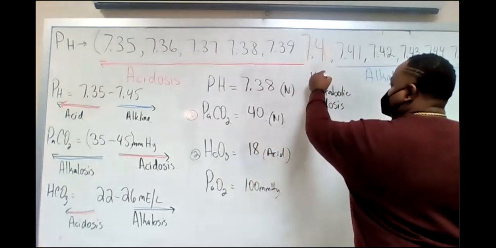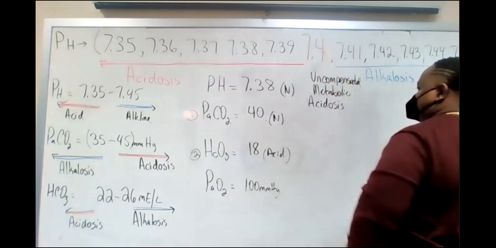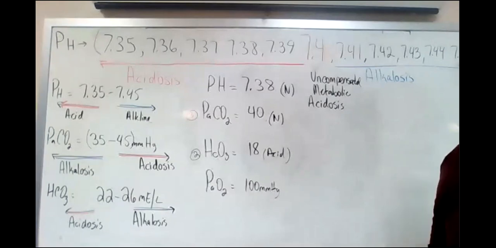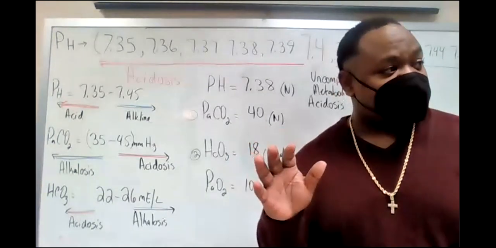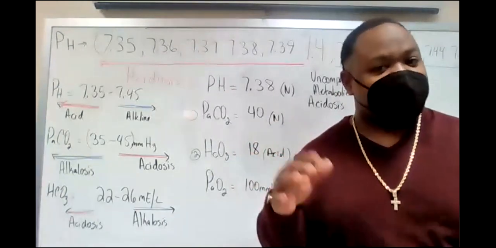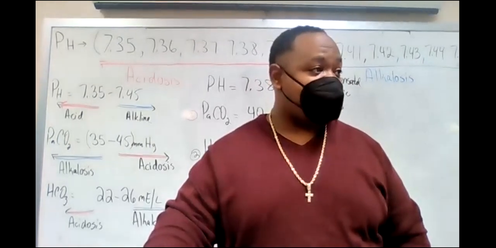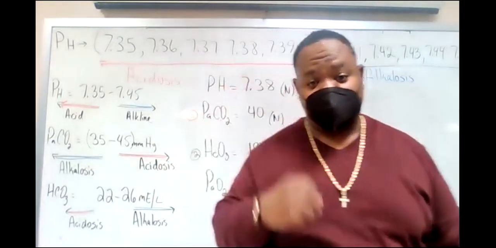So that's uncompensated metabolic acidosis. Only when the third player is not in normal range will you have compensation, and then you have to decide whether it's partial or full. But if the third player is in normal range, then it's straight up uncompensated, whatever it is. Okay?